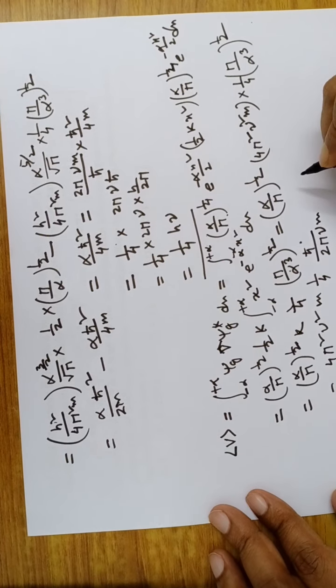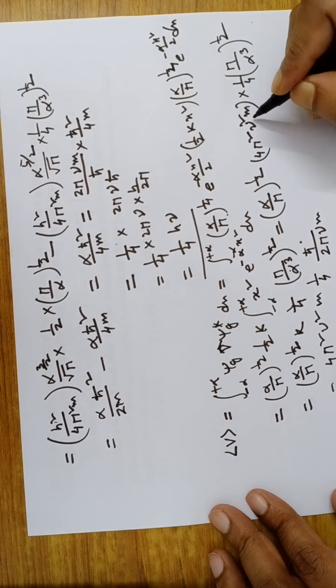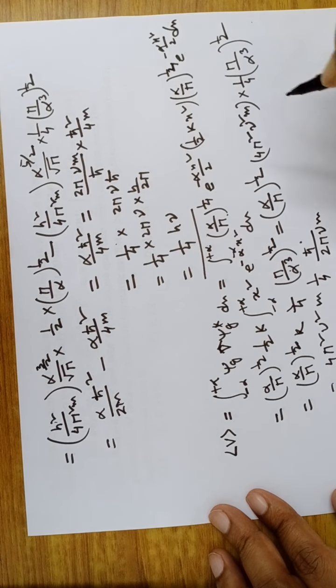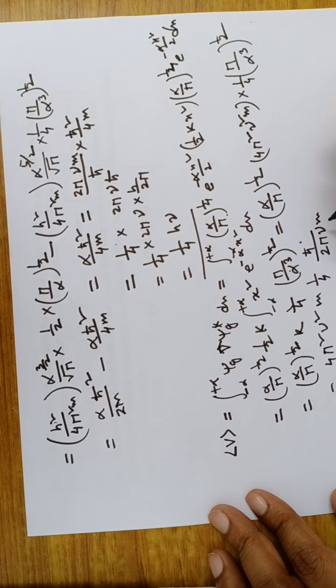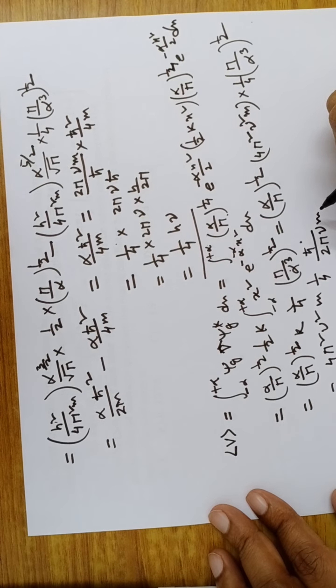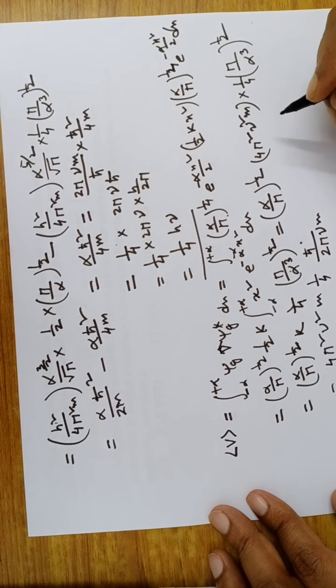okay, so this is alpha, so the value of alpha, that was this. Okay, alpha was 2 pi m by h cut. So this is actually the value.